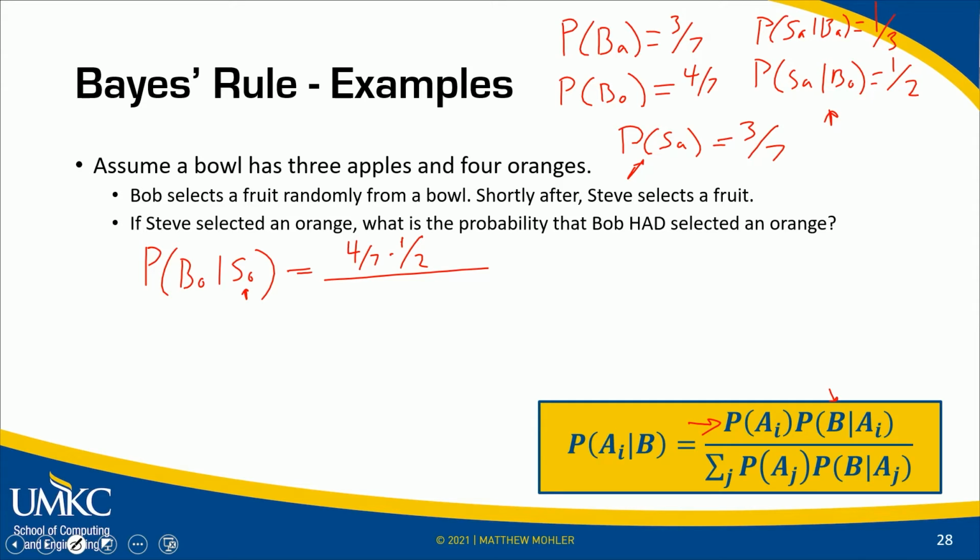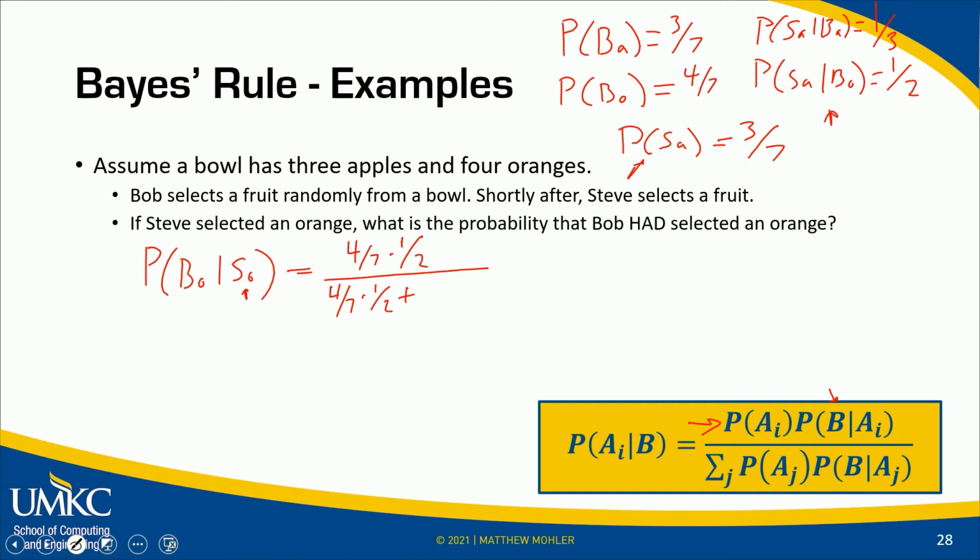And then we need to find the total probability theorem, which is the probability ultimately that Steve selected an orange. But if we go through and do this as the sum, then we would find that this is equal to the same probability up here, this 4/7 times 1/2, added to the other probabilities.